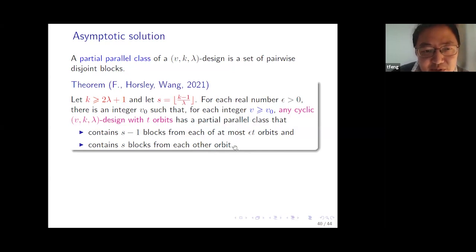So this result means any cyclic V31 design has a partial parallel class in which almost all block orbits contribute 2 blocks, and a few block orbits only contribute 1 block, such that the chosen blocks are pairwise disjoint.